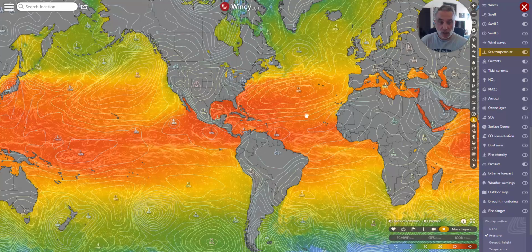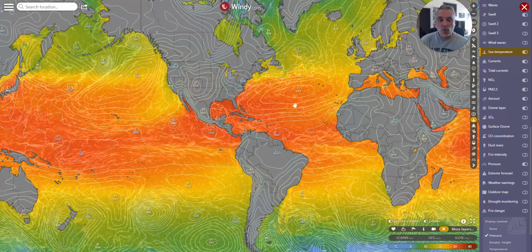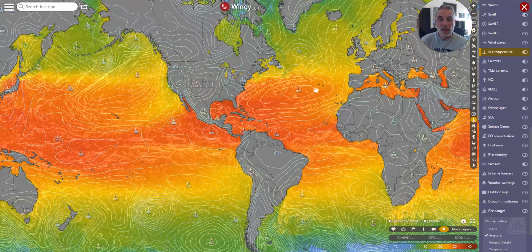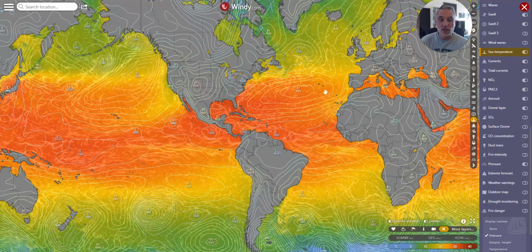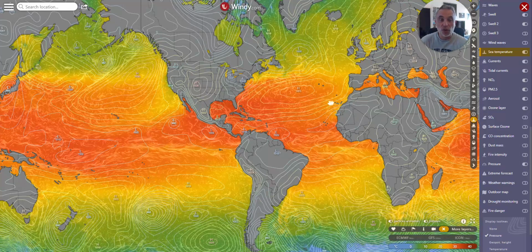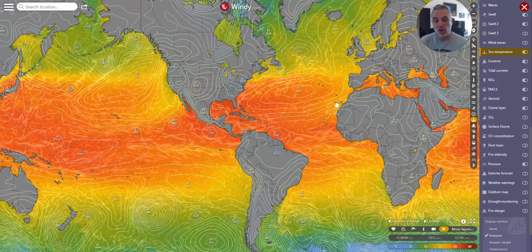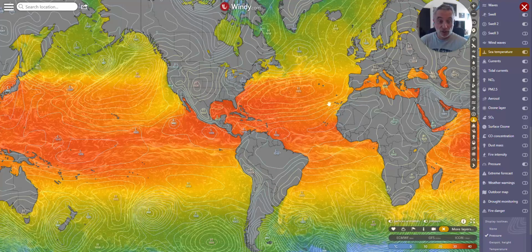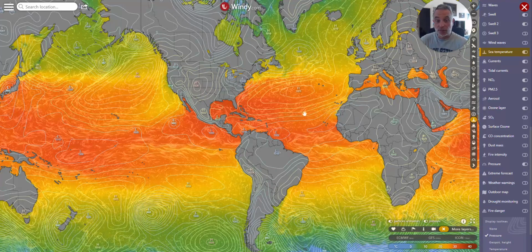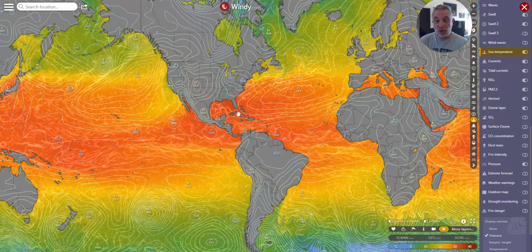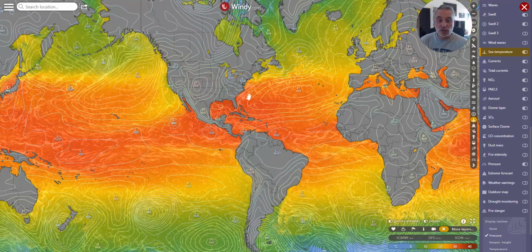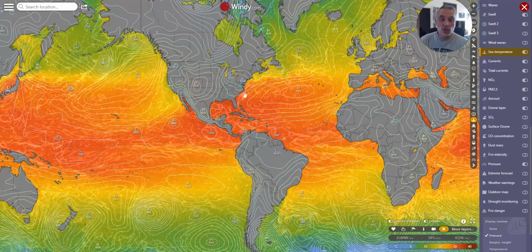You could see how the Bermuda or Azores High here in the subtropical Atlantic helps influence not only the trade winds, but also the sea surface flow direction. And so it basically helps feed the Gulf Stream that comes into the Gulf of Mexico and the eastern U.S. and then moves further north.